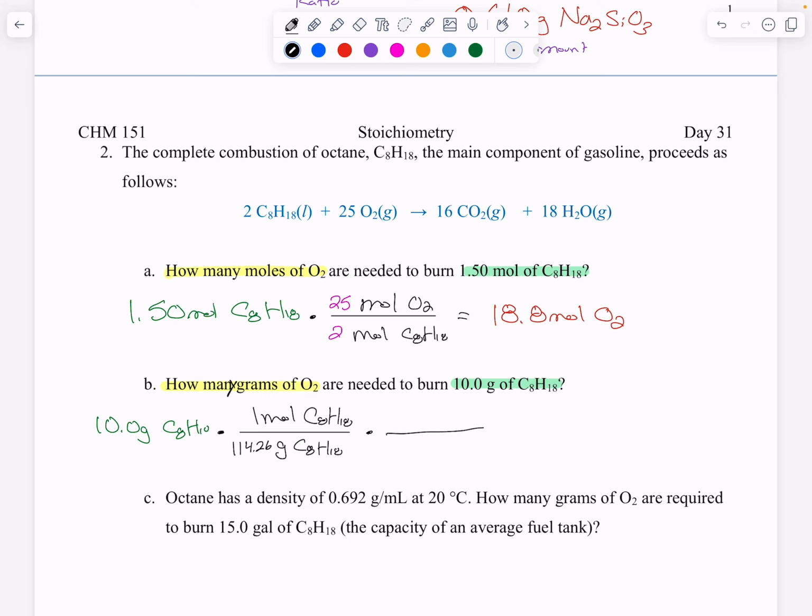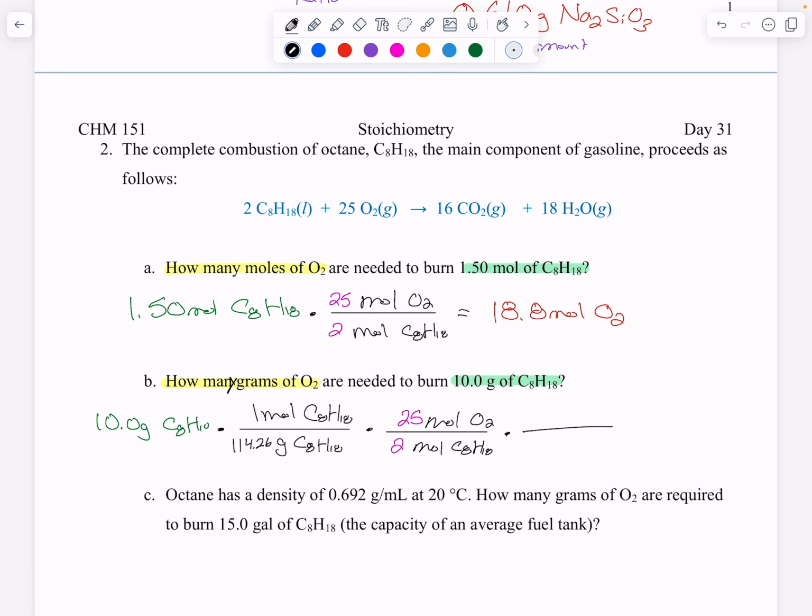Then we need to convert this octane into oxygen. So I've got moles of C8H18, moles of O2. And again, I've got 2 to 25. And then what? Oh, not equals. We've got another one. We've got to go to grams.